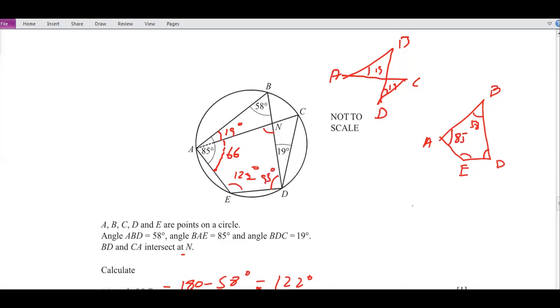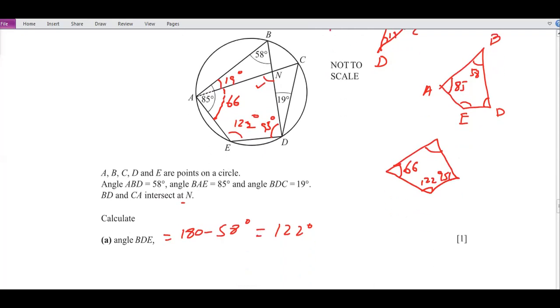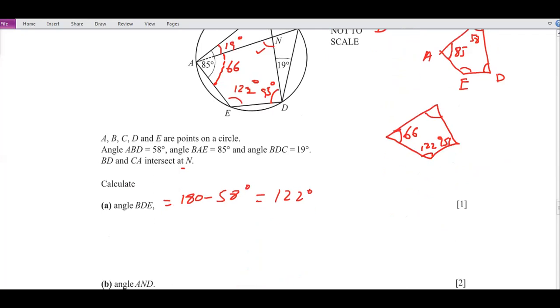Now if this is 95, now you have this one as a quadrilateral where this angle is 66, 122, this one 95. So you have to find this angle. What this angle will be? That angle will be 360 minus these three angles, because the total sum of the angles in a four-sided shape is 360 degrees.